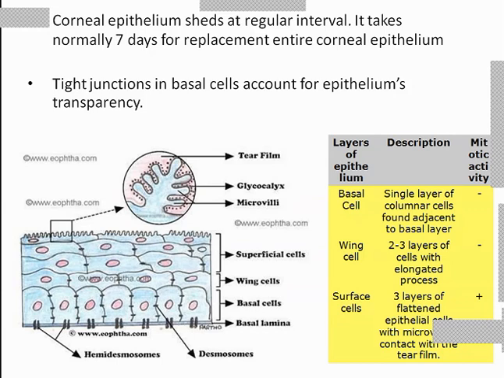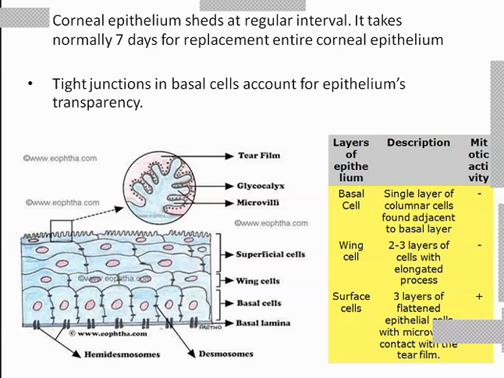The mucin layer is bound to glycocalyx and microvilli. It is the most important part which adheres onto the corneal epithelium. So corneal epithelium has this microvilli and glycocalyx, and the tear film will adhere to the cornea and it produces a smooth surface.